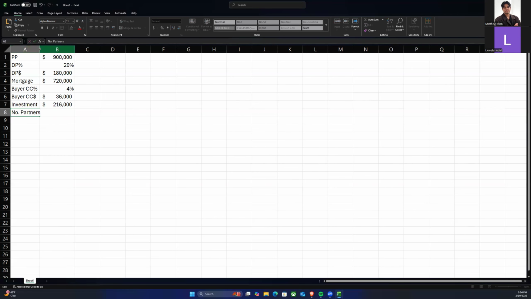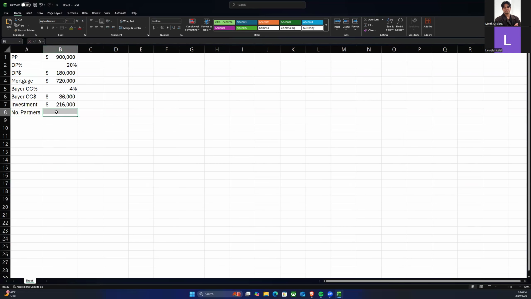Let's just say two at the moment. We could always increase that. Then we want the dollar amount per partner. Just like I tell everyone, your problem is not buying a property.